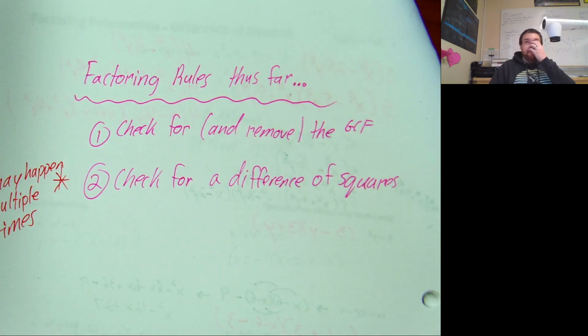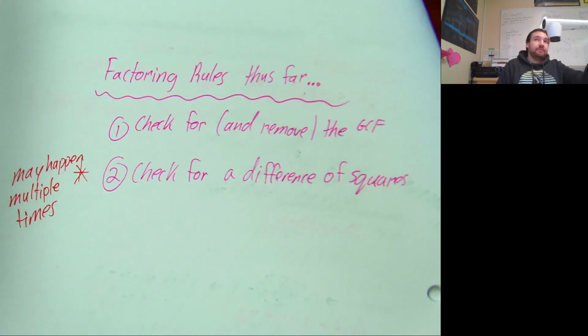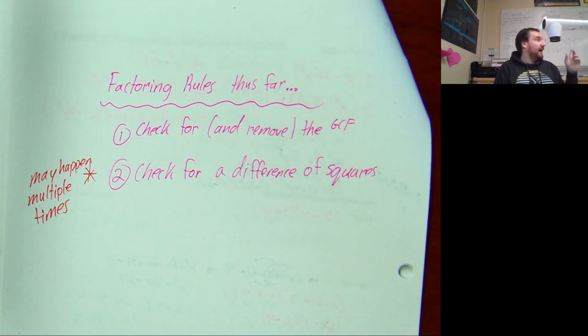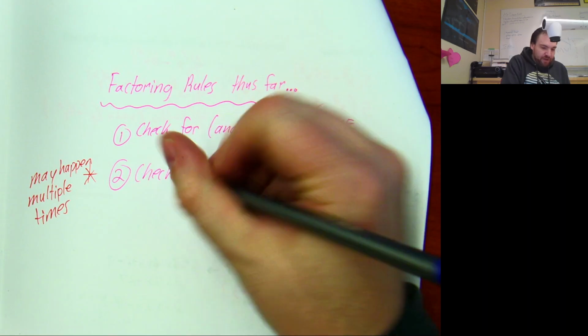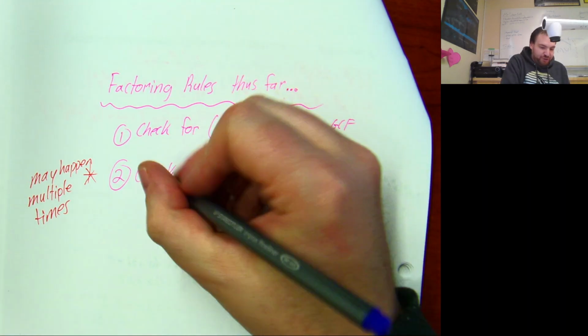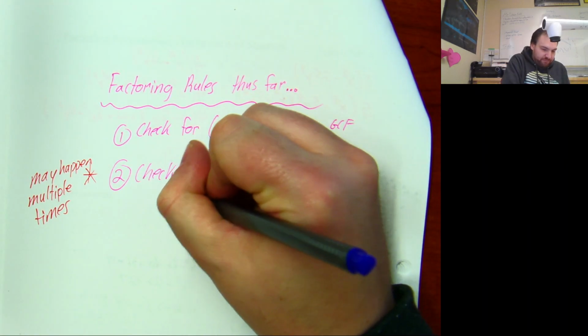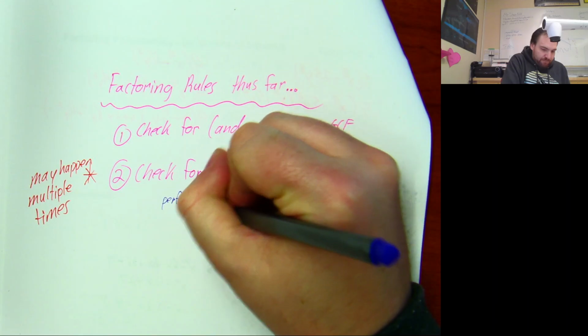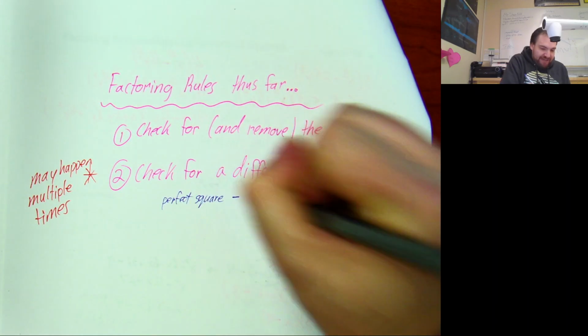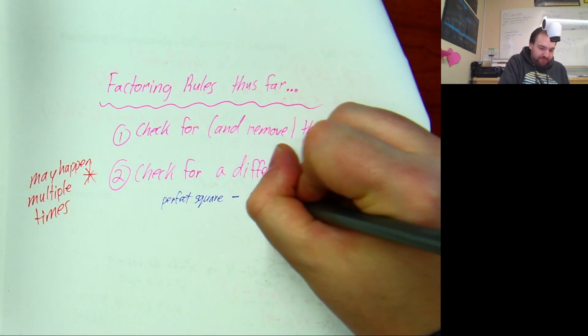What does it mean for something to be a difference of squares? You have a perfect square minus a perfect square.